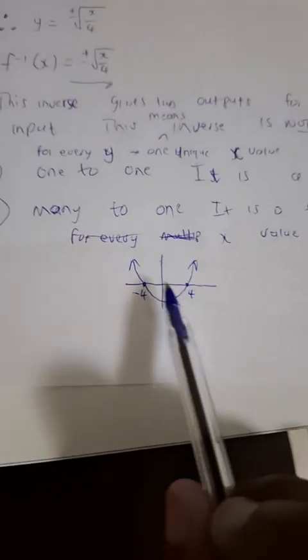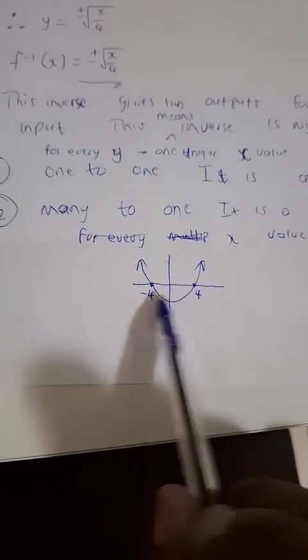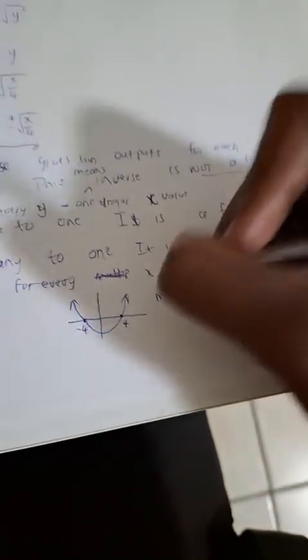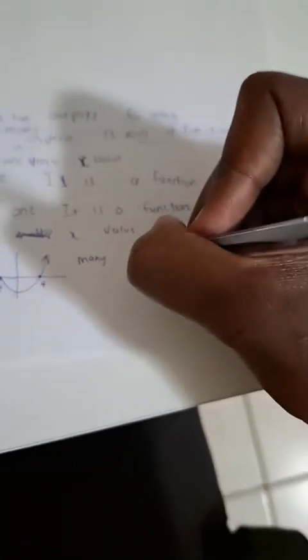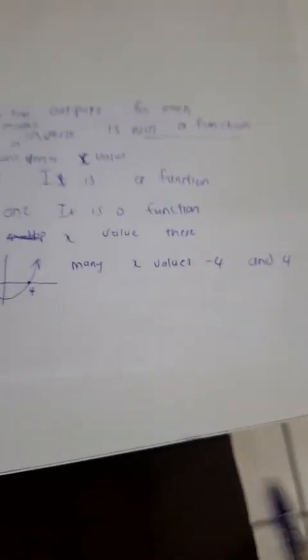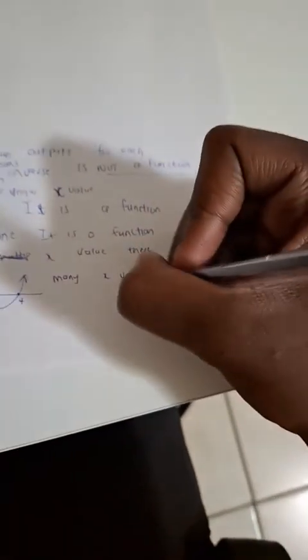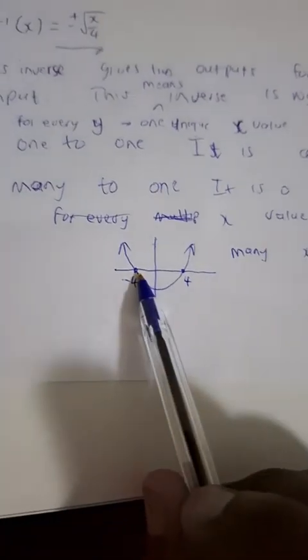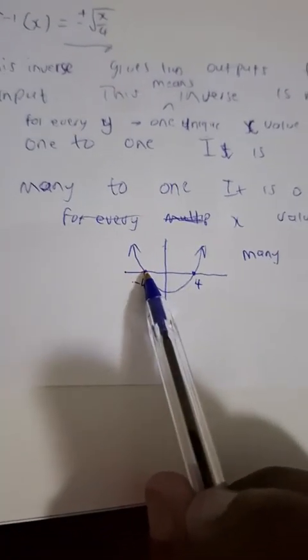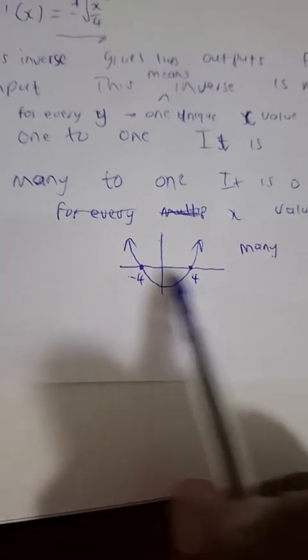So what you are going to notice is that there are many x values, -4 and 4. That is many. But both of these x values, guys, have a common y value. All right. And the y value, obviously, on the x-axis is 0.